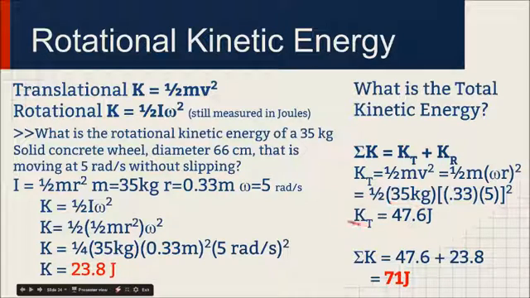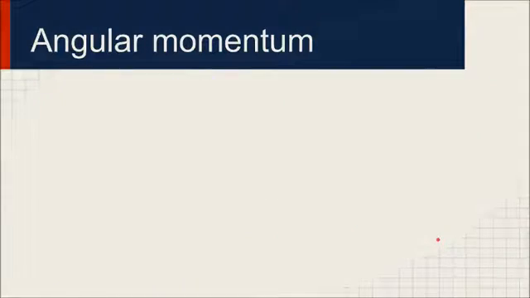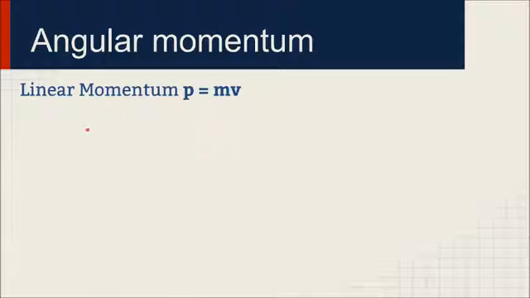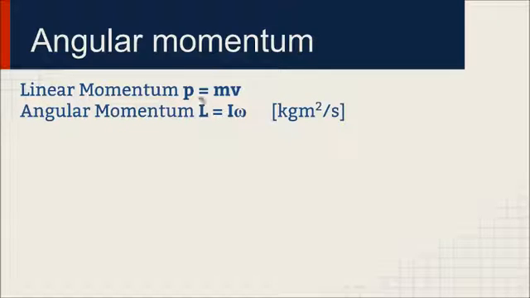Okay, so that's rotational kinetic energy. Now, angular momentum, we're going to address the same way. When we learned linear momentum, remember that was p equals mv. Well, angular momentum is labeled with an L, and that equals I omega.